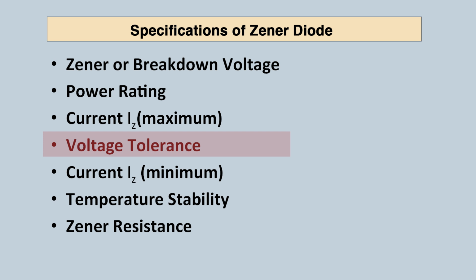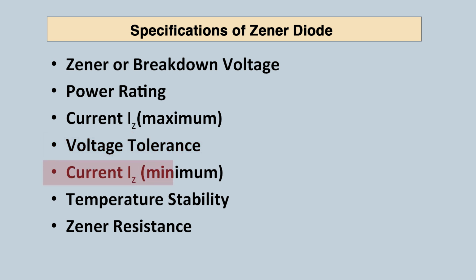Now it has plus minus 5% tolerance. So it means that the variation can be from 95 volts to 105 volts. It will typically depend upon the device.